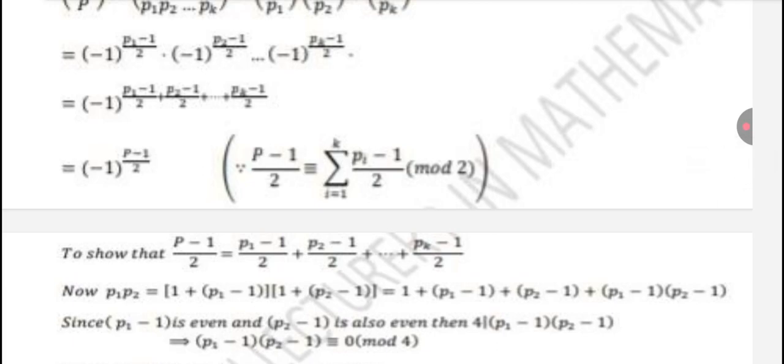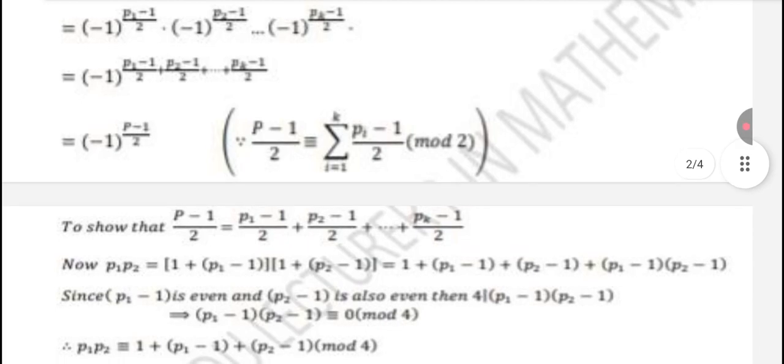In other words, (p1-1)(p2-1) is congruent to 0 mod 4. So finally we conclude that the product p1 p2, instead of 4 terms, we are going to get only the 3 terms, namely 1 + (p1-1) + (p2-1) mod 4.